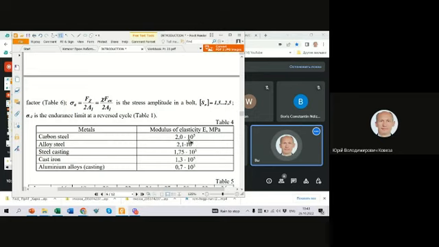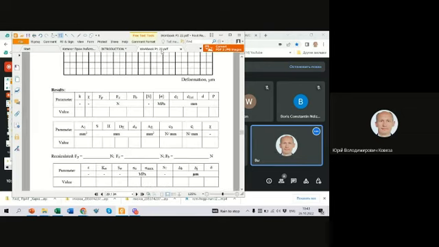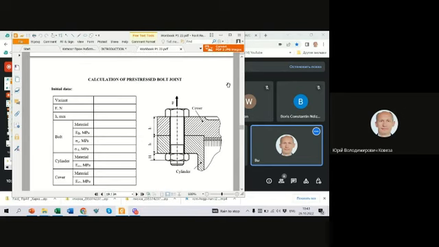It means 200,000 megapascals, a very big value. And write it: bolt EB. Next.